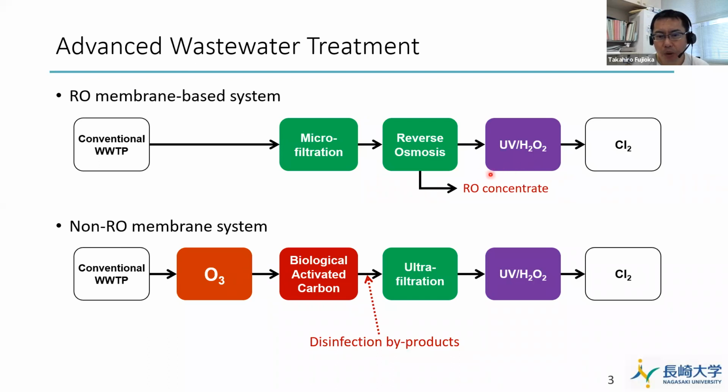For cases where the RO concentrate cannot be discharged readily, like inlands, probably a non-RO membrane system has been suggested as an alternative. So the secondary wastewater effluent will be treated by ozonation, BAC, ultrafiltration, and advanced oxidation processes.